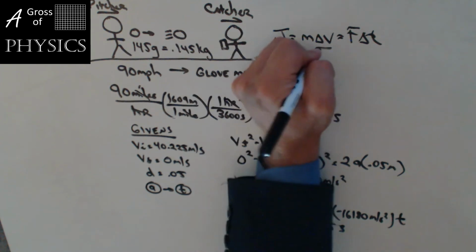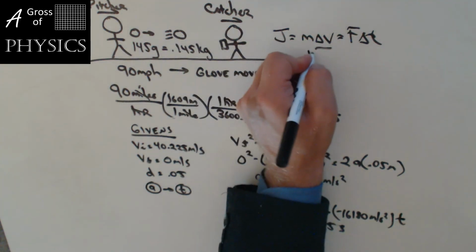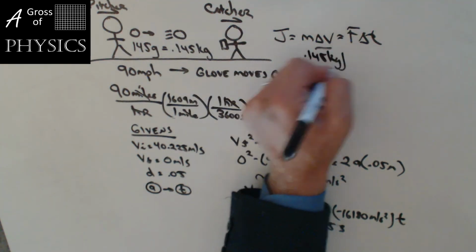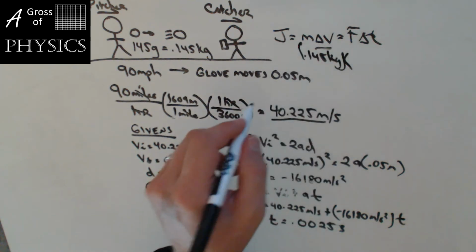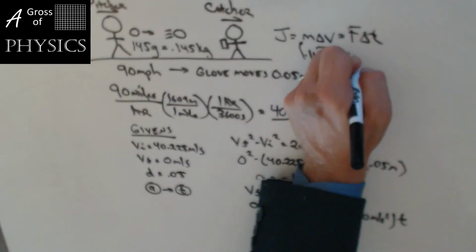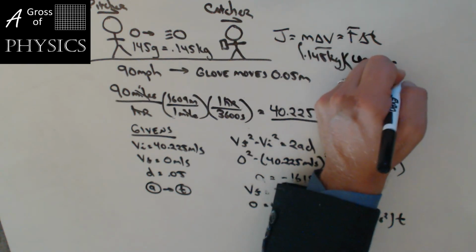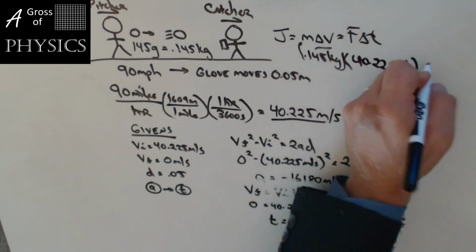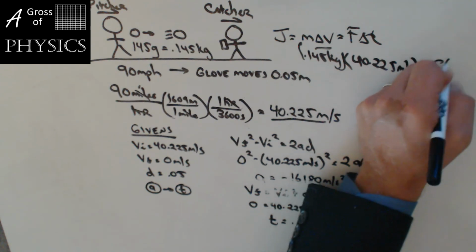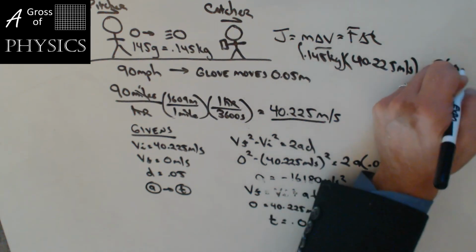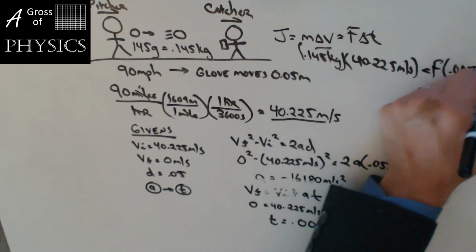Now all I have to do is go back to my original equation and plug in what I know. I know the mass, 0.145 kilograms. My velocity was 40.225 meters per second. F, 0.0025 seconds.